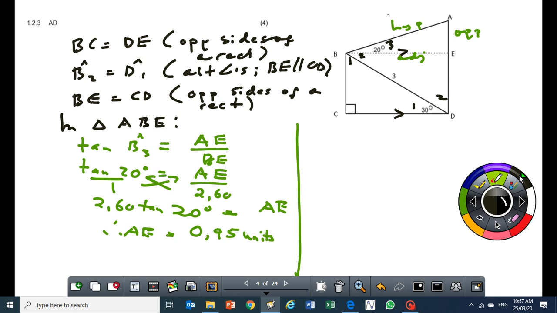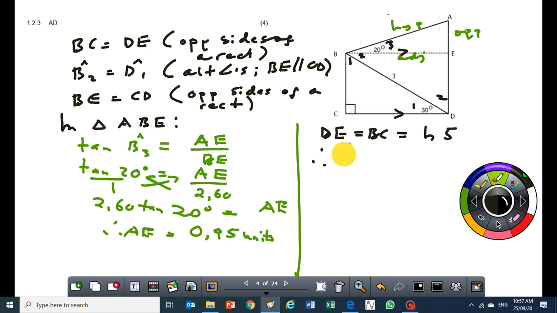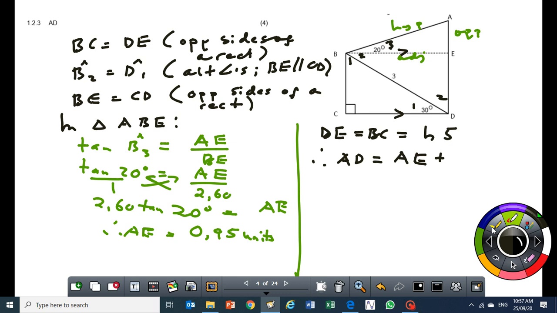What's the objective? To find AD. So DE, I wrote it here, DE is equal to BC. So DE is equal to BC, and that's equal to 1,5. Therefore, AD is equal to AE plus DE.